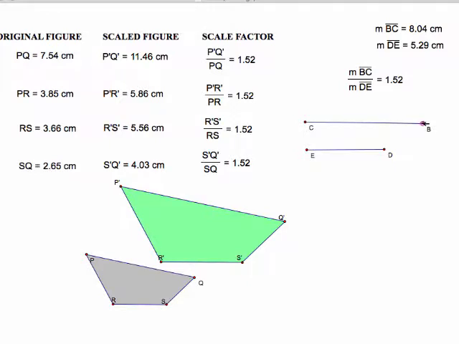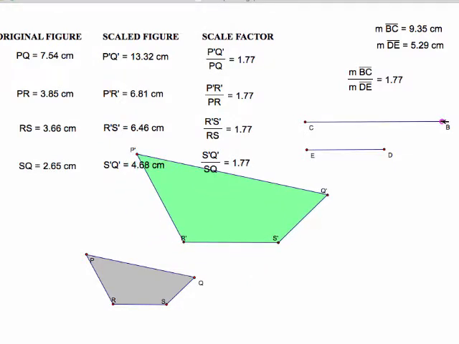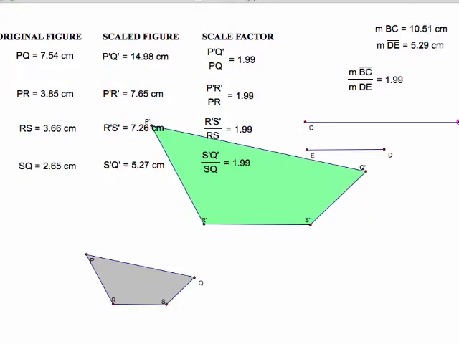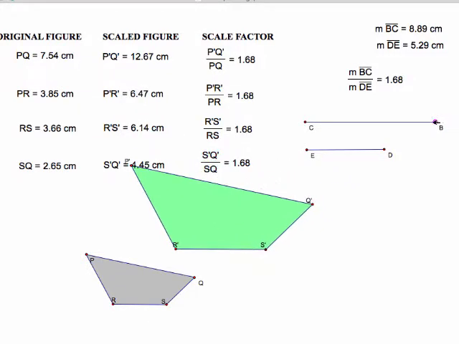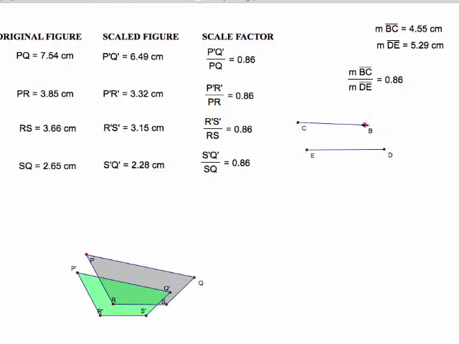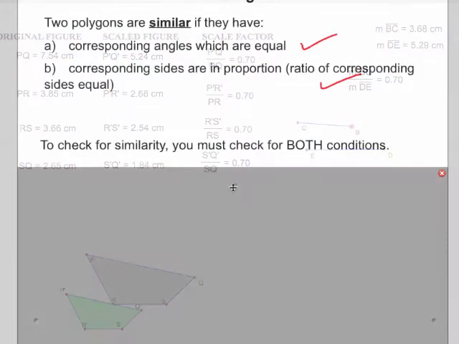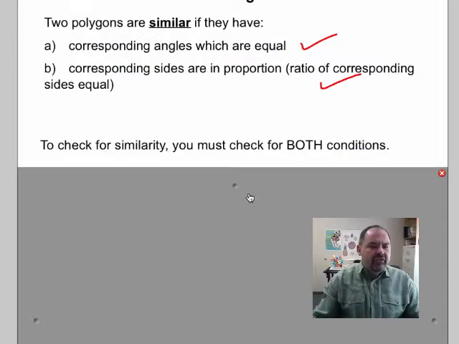They have the same ratio. So when I expand my figures to something like that, the ratio of 2 means that one figure is twice the size of the other. Or 1.68 times the size of the other, or 70% of the other.